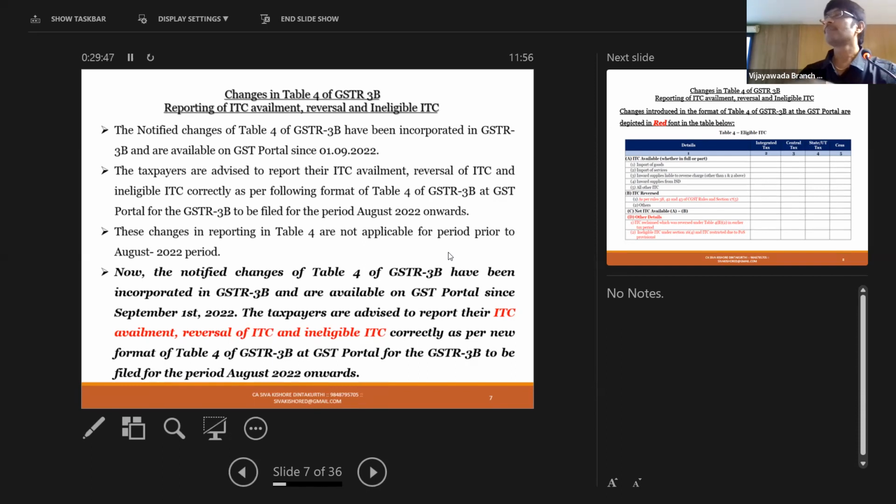That means for any period prior to August, if you are filing the data, you can follow the old methodology. But for the period August onwards, you are required to follow the methodology of this particular revised 3B. These changes in reporting table 4 are not applicable for the period prior to August 2022. Am I right? The notified changes of table 4 of 3B have been incorporated in 3B.